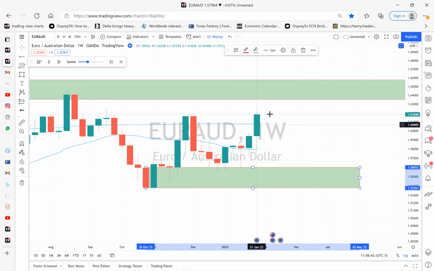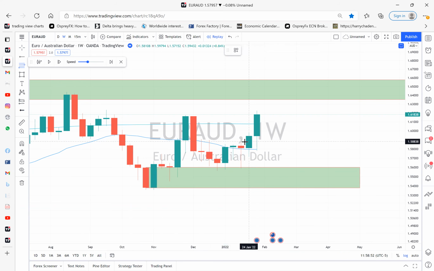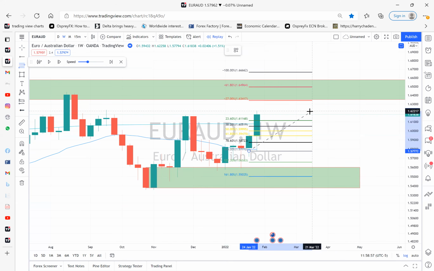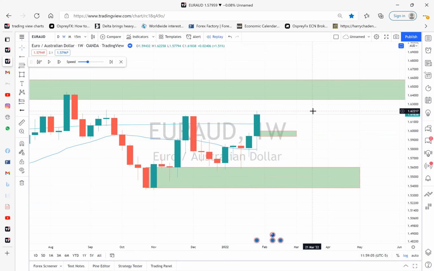Now, this market is moving up, right? So all I wanted to do was measure this candle. And I was just going to take a hedge trade from here to here.